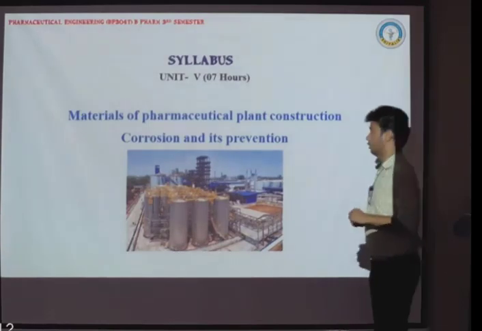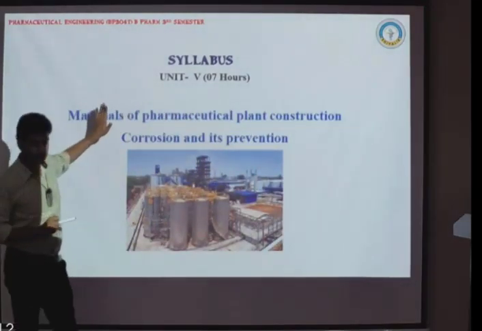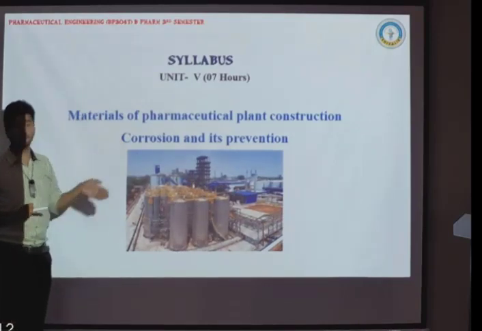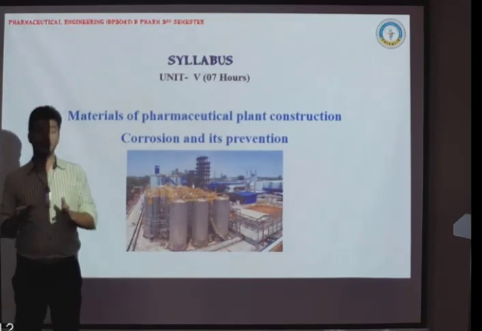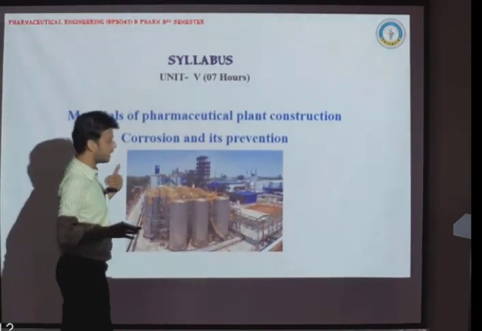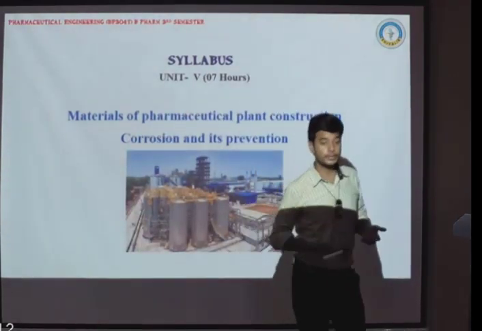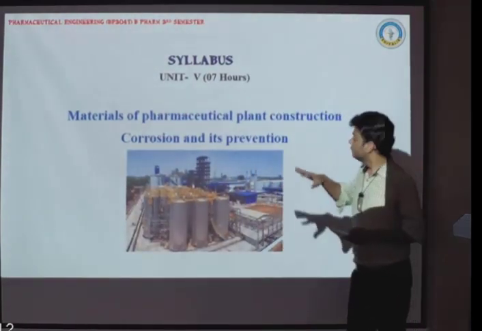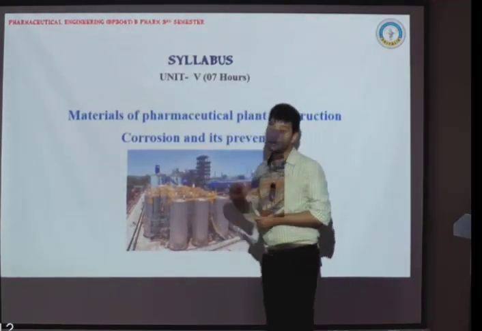And last but not the least, unit 5: materials of pharmaceutical plant construction, and corrosion and its prevention. Obviously, when we are setting up a pharmaceutical industry, a pharmaceutical plant, what kind of materials we use, what their importance, properties, and significance in pharmacy are, we will be studying all these things, and what corrosion is and how to prevent it.